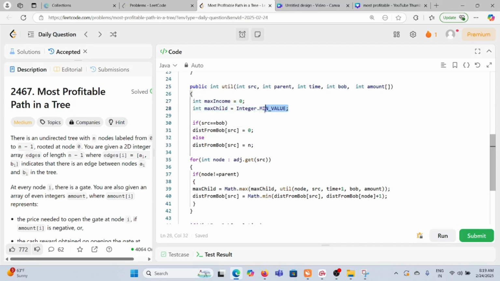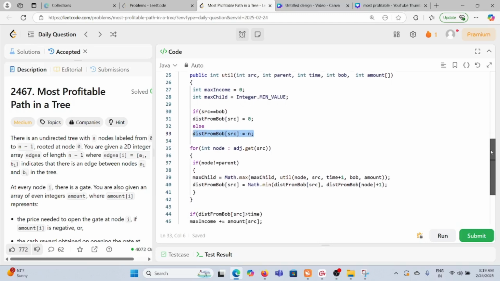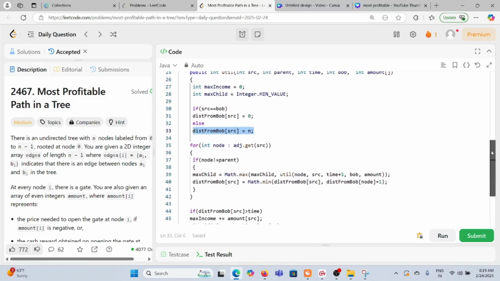Initially we start with the min value in it. Now see here, if src equals Bob, basically when the point where Bob starts is also the src where Alice starts, then the distance from Bob of src would obviously be 0. Otherwise we put the default value n, which is the largest value. Anyway, in the code we will handle how to get the minimum distance from Bob to any node.